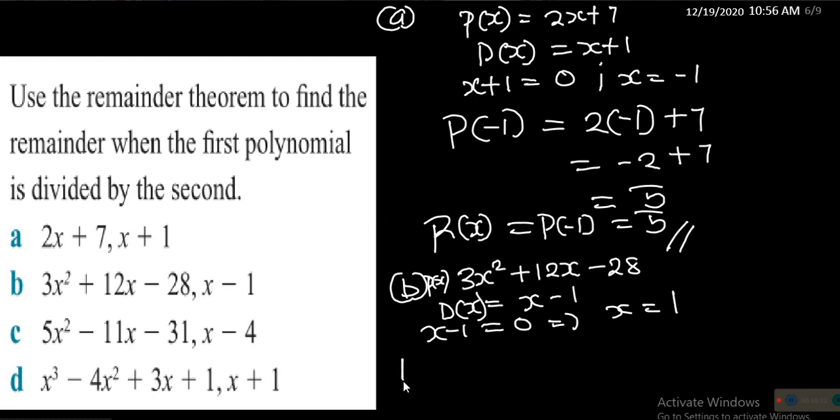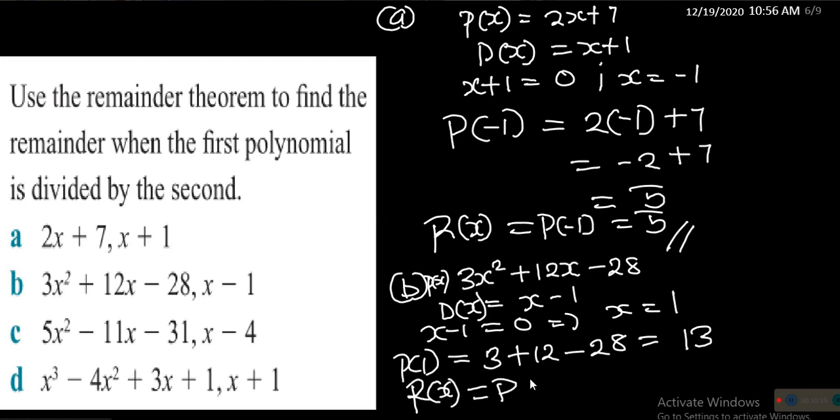So the remainder will be p of 1. So p of 1 equals 3 plus 12 minus 28, which is 3 plus 12 is 15. 15 minus 28, we have minus 13. So r of x equals p of 1, which is minus 13.